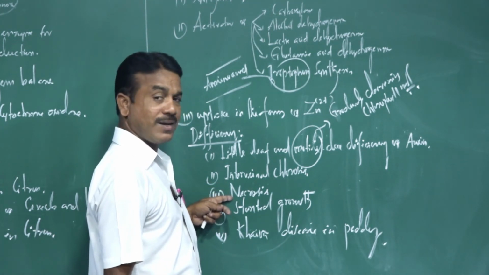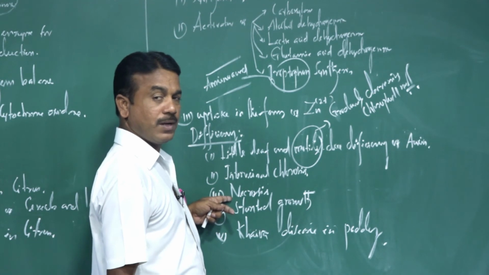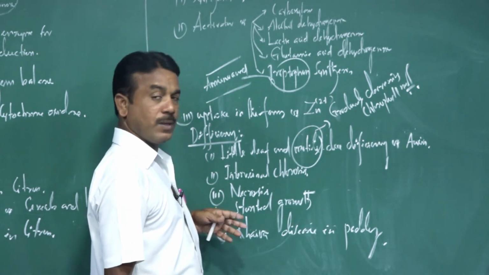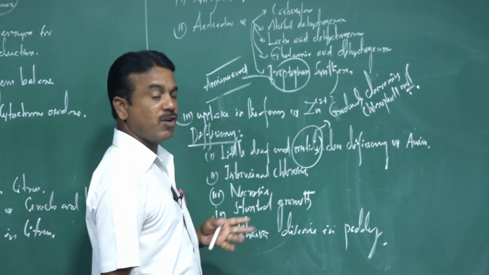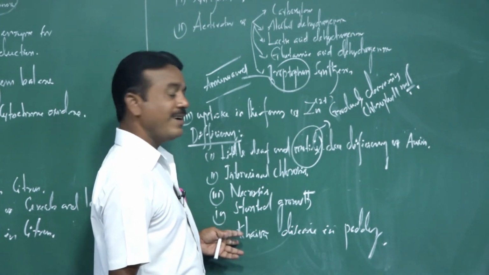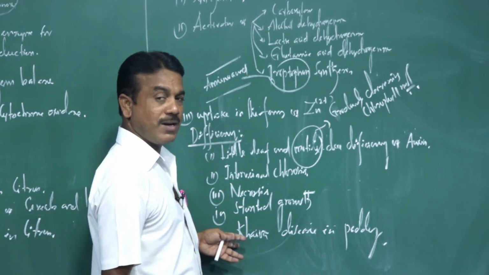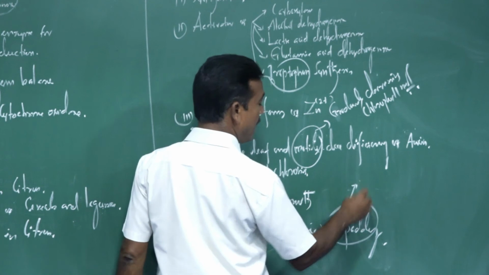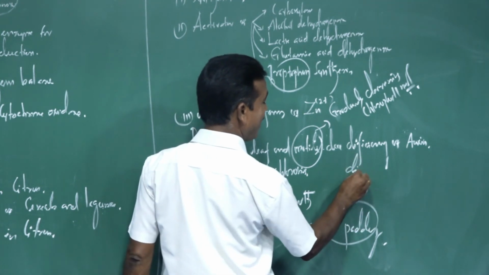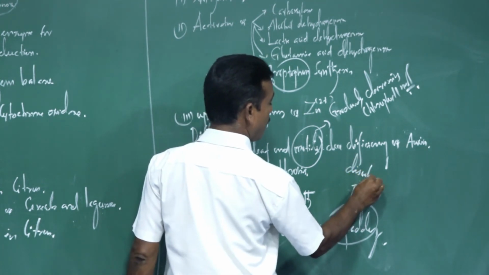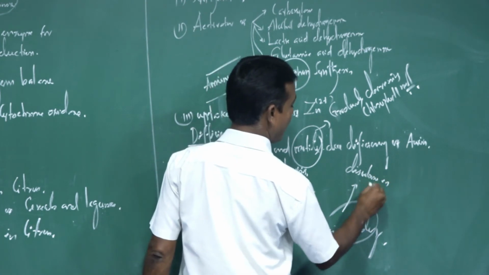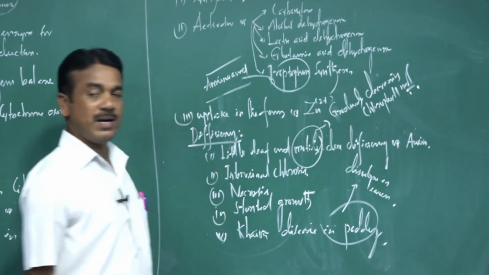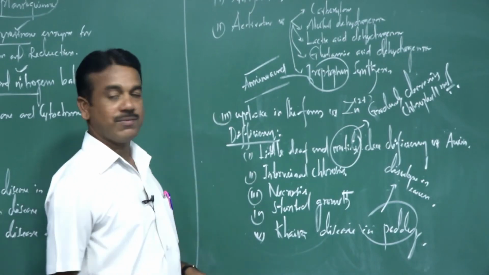Necrosis is loss of tissue, which leads to formation of lesions. Stunted means the plant is not attaining normal growth. Khaira disease means the paddy leaves become discolored. So those are things responsible for deficiency of zinc.